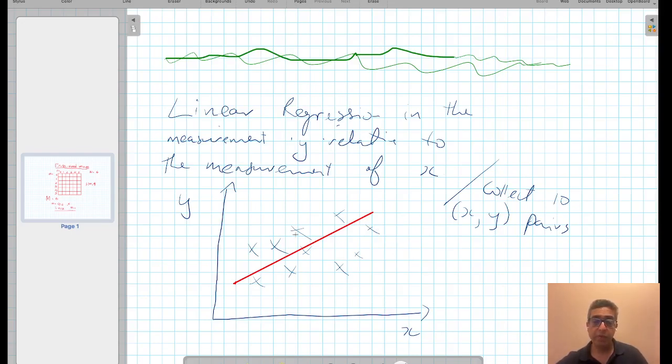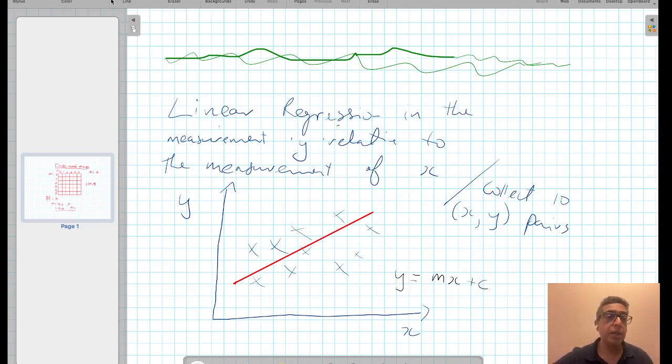So if we fit a straight line to these pairs of points on this scatter plot, then what we are doing is fitting a model such that the variable y is described as related to x by this sort of relationship.